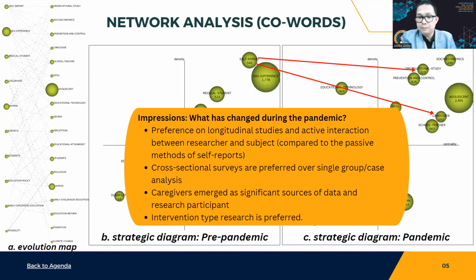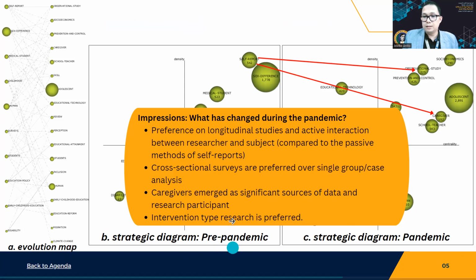In the text, I provided several samples of studies that support this. Caregivers emerge as significant sources of data because of the role of caregivers to young learners and learners who are challenged, or who are vulnerable. The intervention type is preferred in the pandemic period as compared with the pre-pandemic period. So that is the situation of the self-report, which is a highly methodological concept in this presentation.